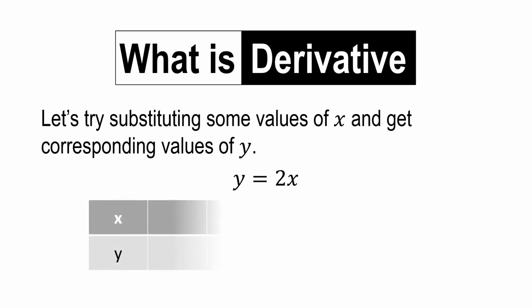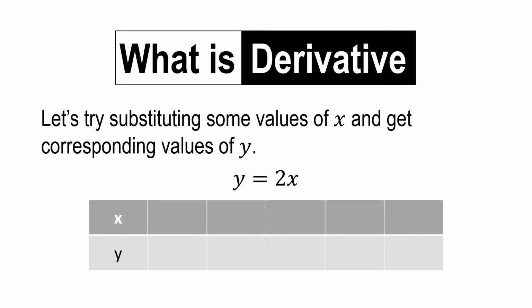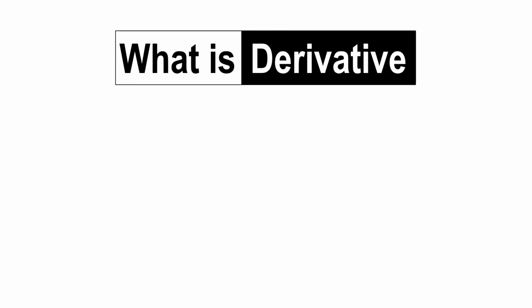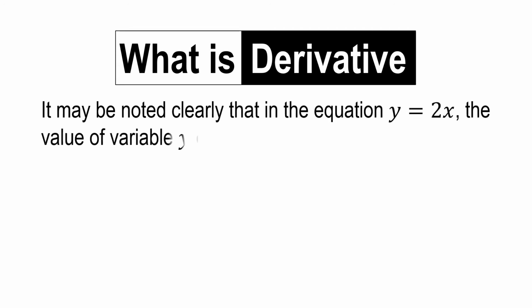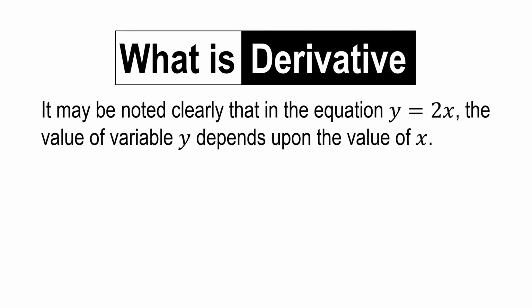Let's try substituting some values of x and get corresponding values of y. y is equal to 2x. When x is 1, then y is 2. When x is 2, then y is 4. When x is 3, then y is 6. When x is 4, then y is 8. And when x is 5, y is 10.